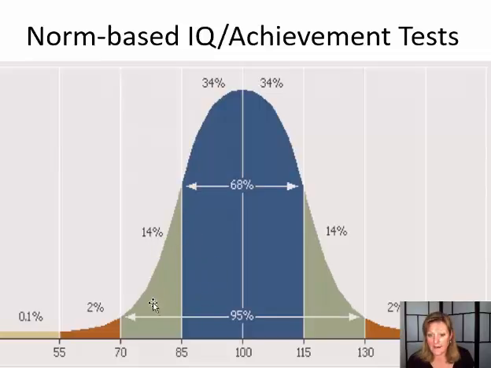Anything below that 15-point difference, you're considered to have a learning disability, because how you're achieving is very different from what we'd expect given your IQ. That's called the IQ achievement discrepancy. That means you're achieving below what we would expect given your IQ.